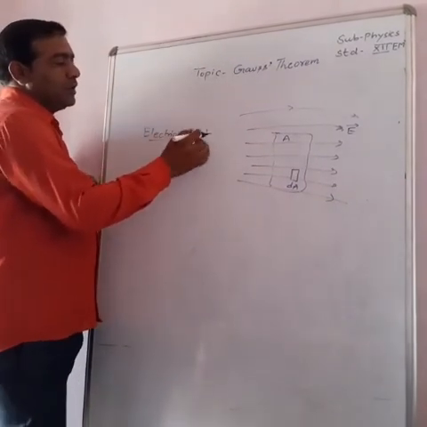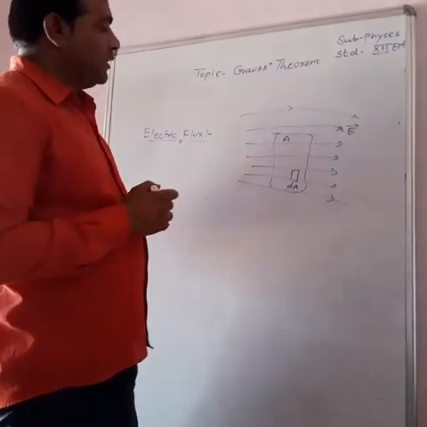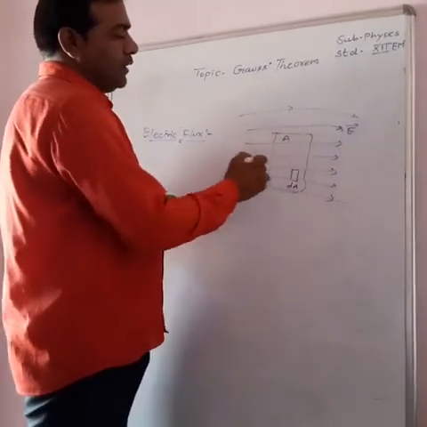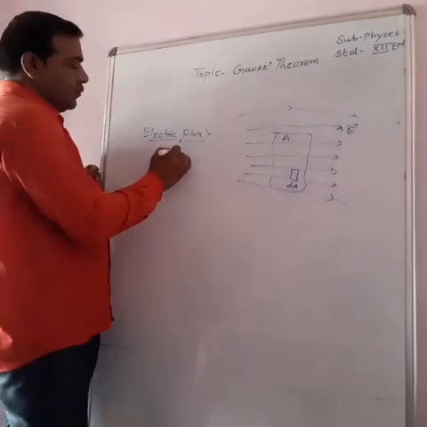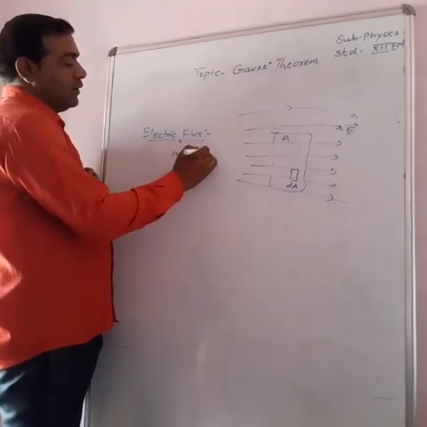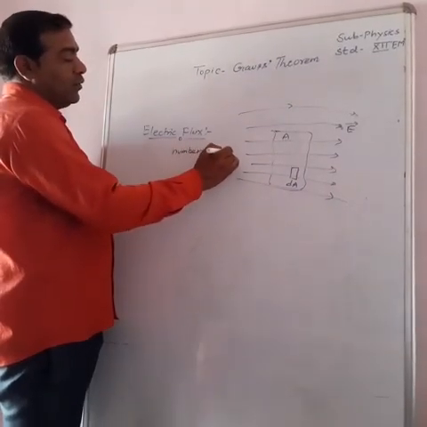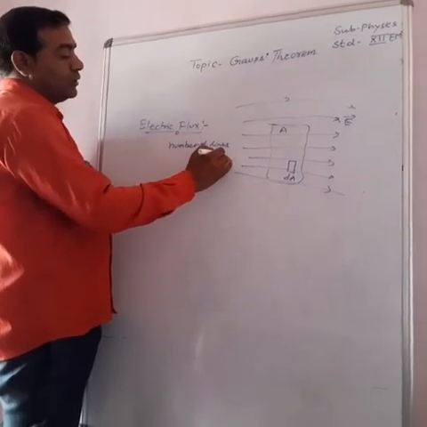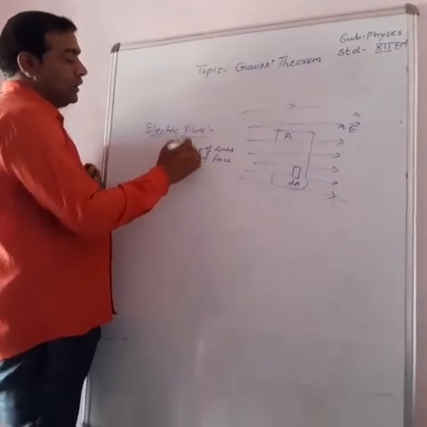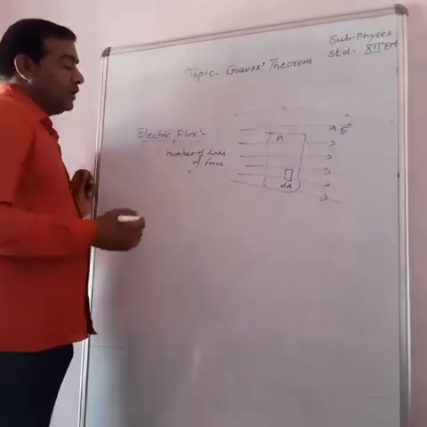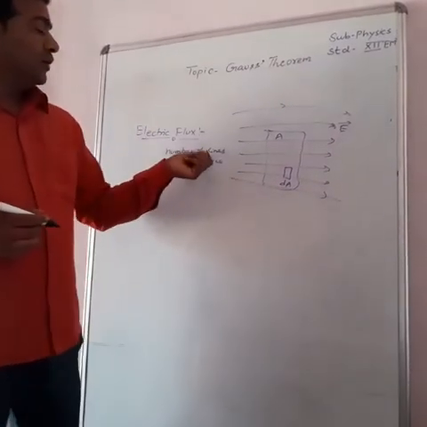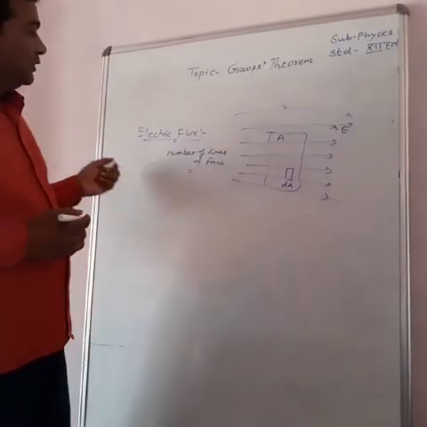Electric flux is the number of lines of force passing through an area. So electric flux is a scalar quantity because a number is always a scalar quantity.